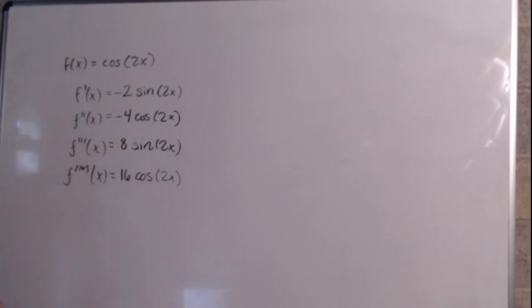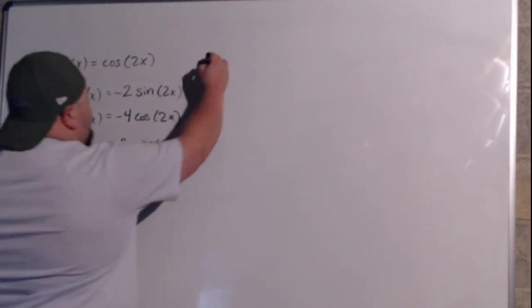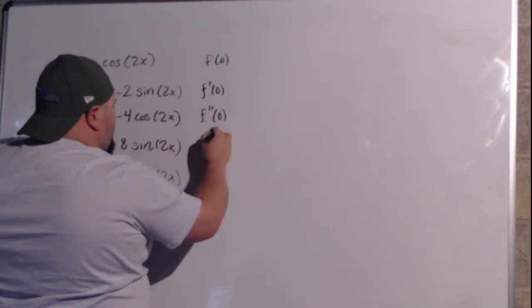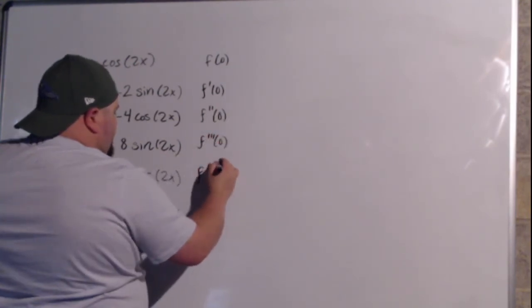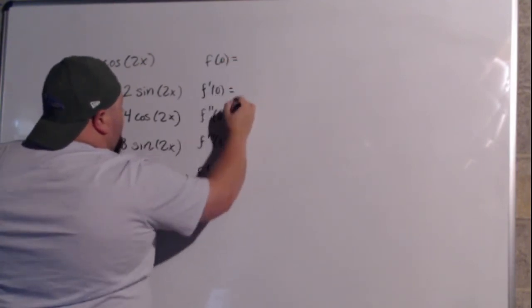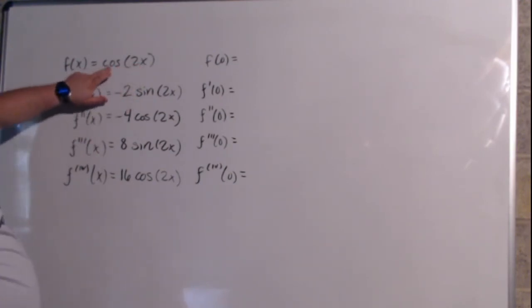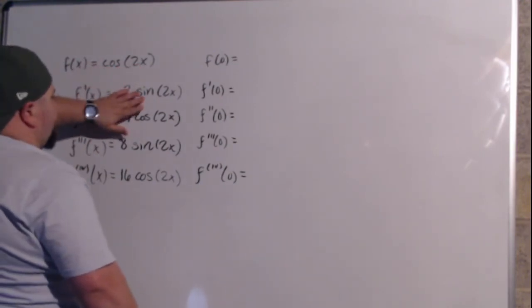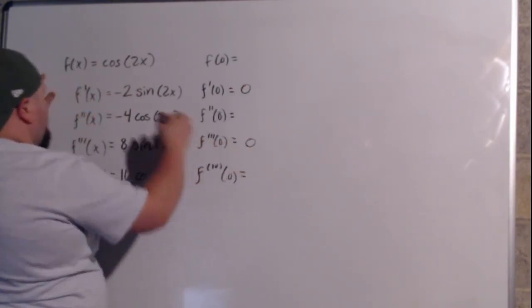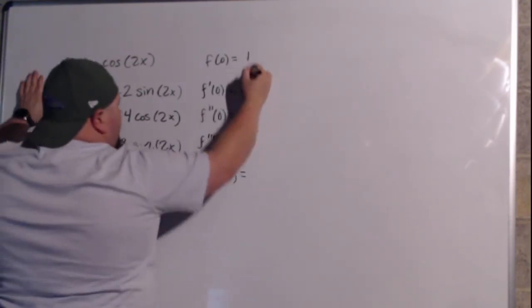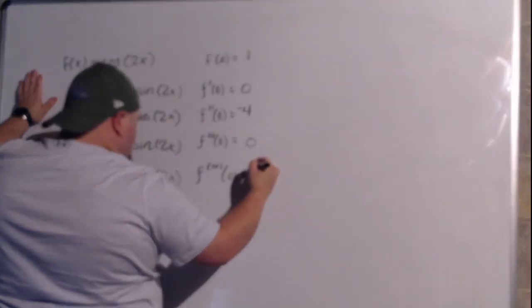So I did that many terms because typically I ask for 3 non-zero, and for the Maclaurin you plug in 0 for x. So f of 0, prime, double prime, and so on. Then when plugging in 0, cosine becomes 1, sine becomes 0. So these two are 0. The cosines are 1, and you just get the coefficients. So 1, negative 4, and positive 16.